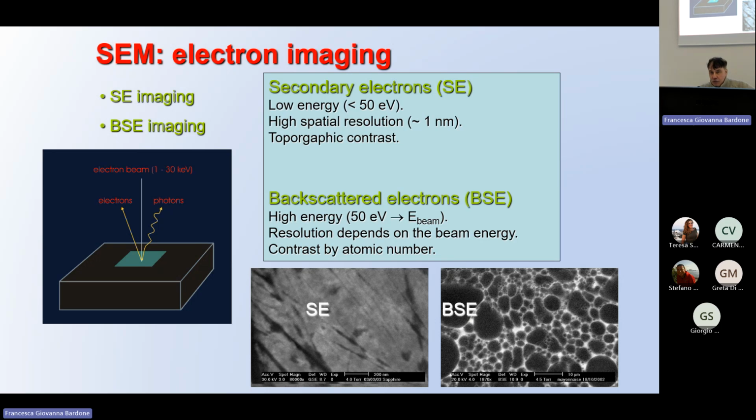And the contrast is morphological and topographical contrast. You have the shape of your object. No chemical information. You have the shape, the topography of your object. Remember, your object can change in chemistry. No. If you use these electrons, you can only have the topography.